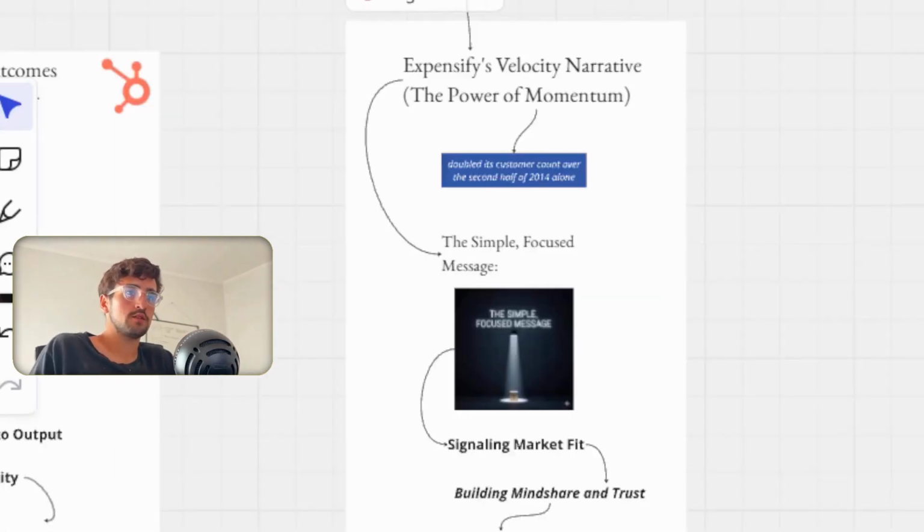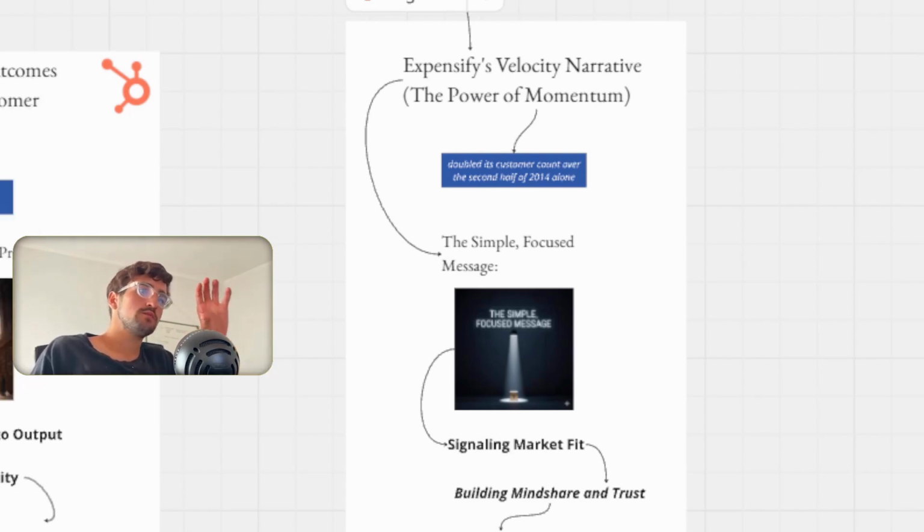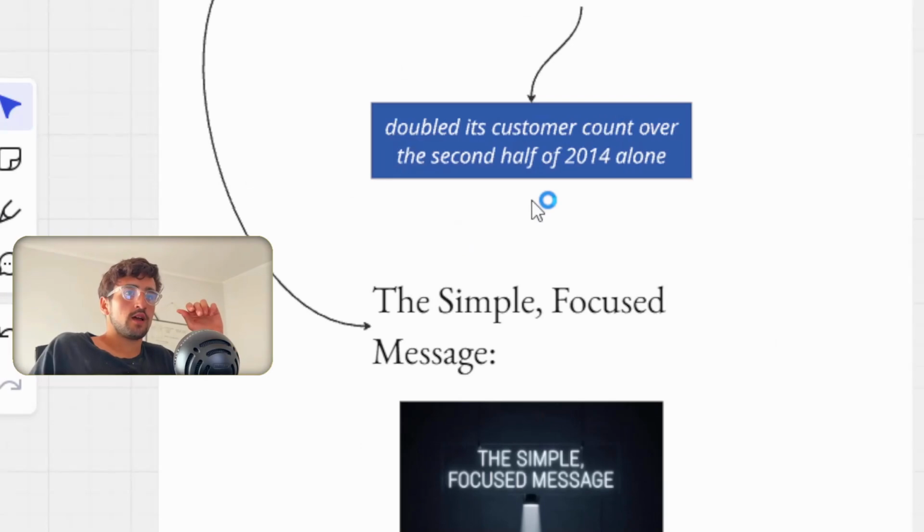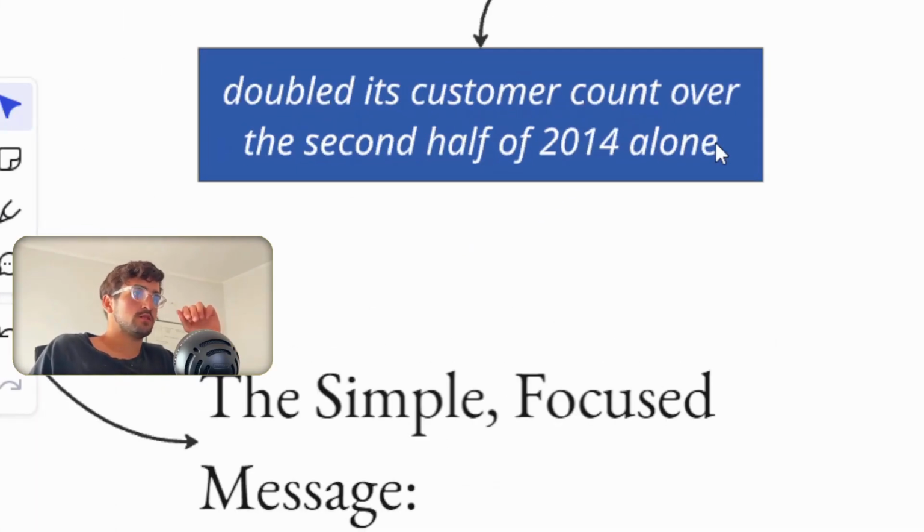Now, the case study number 3 is the Expensify's velocity narrative, okay? The power of momentum. They focused on showing speed to signal they were outpacing competitors. Here, David Barrett proudly noted that Expensify grew over like 130% in 2014, so far the industry average, and had doubled its customer count over the second half of 2014 alone.